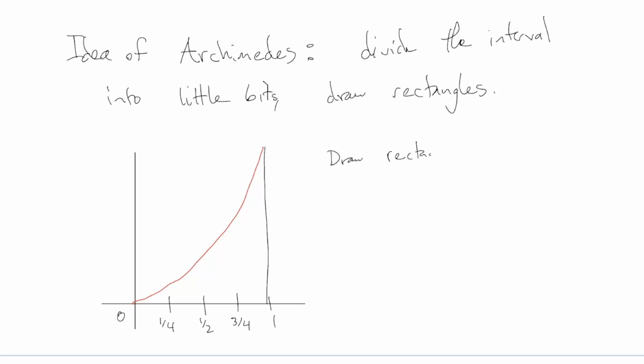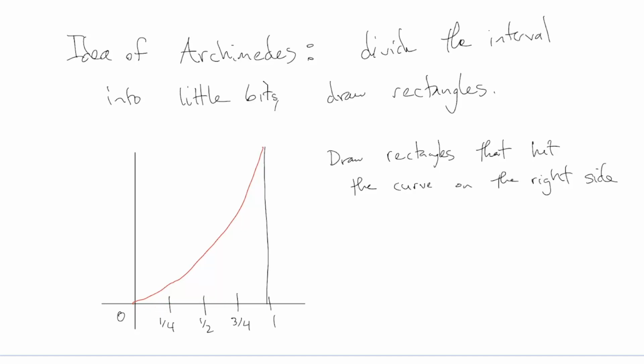And I'm going to draw rectangles. There's actually a couple different ways you could think of drawing in the rectangles. I'm going to draw specifically rectangles that hit the curve on the right side. You'll see immediately what I mean by that. So this first little bit here is from 0 to 1/4.